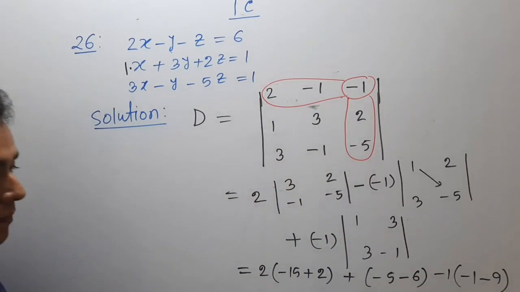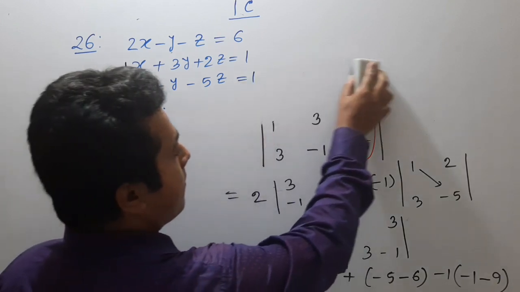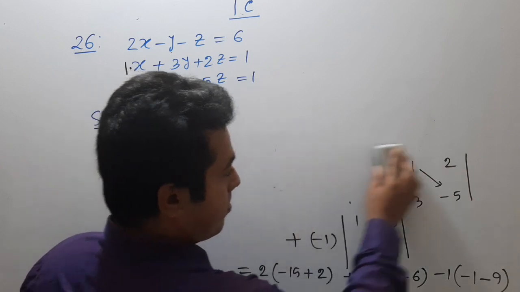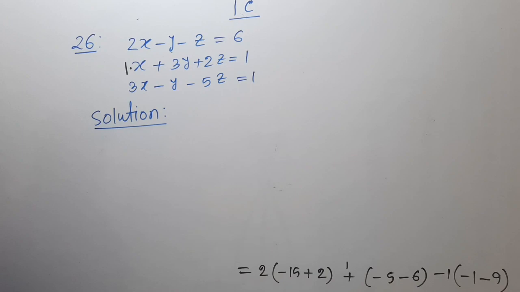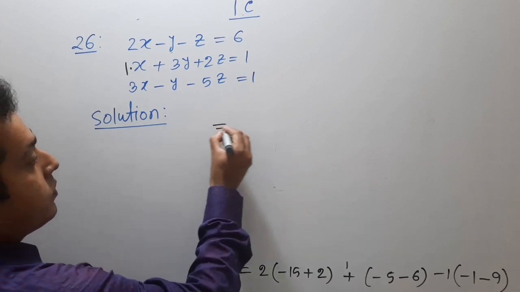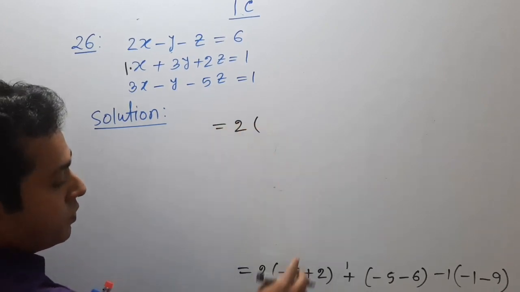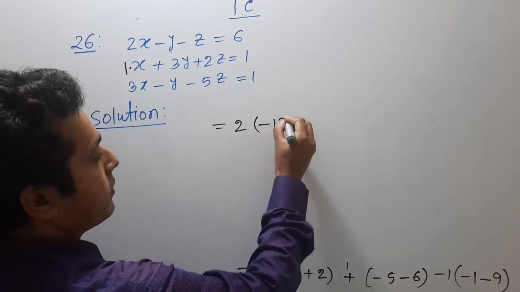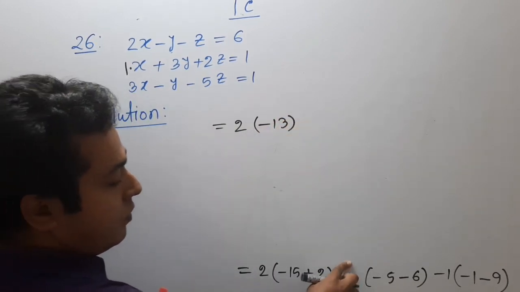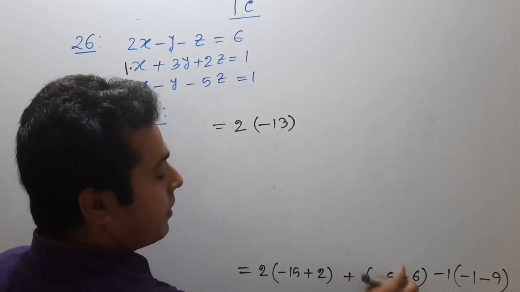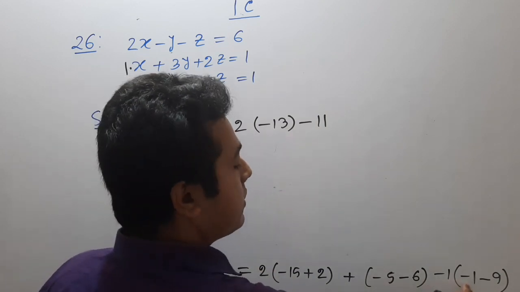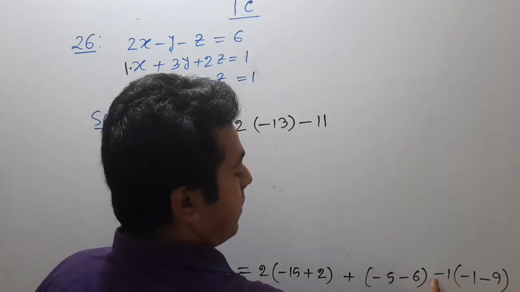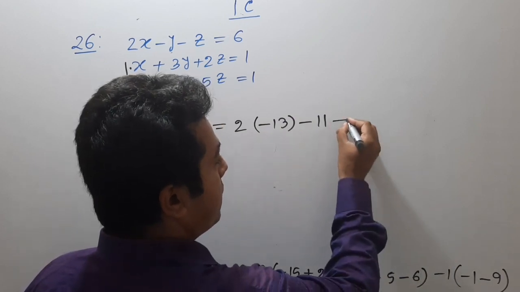So our value is 2 times minus 13, minus 11, plus 10.